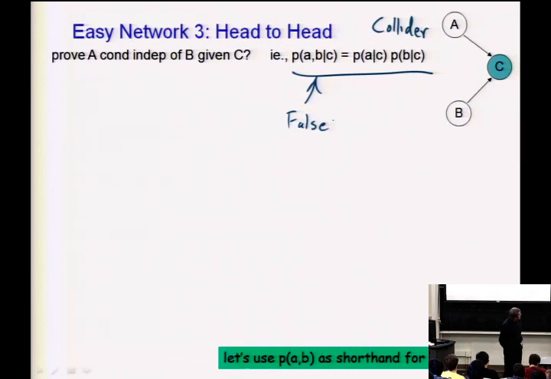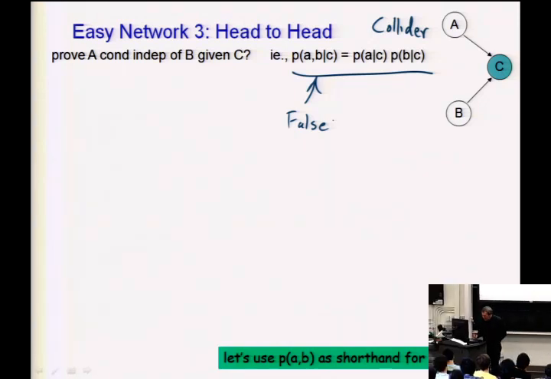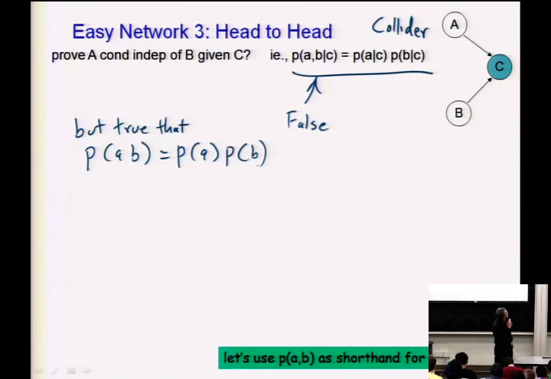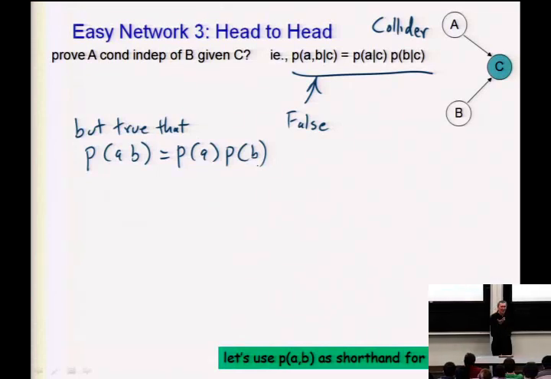But there's something interesting that does follow from that, which is the following somewhat surprising statement. So in other words, A and B are not conditionally independent given that we know C, but the marginals are independent.